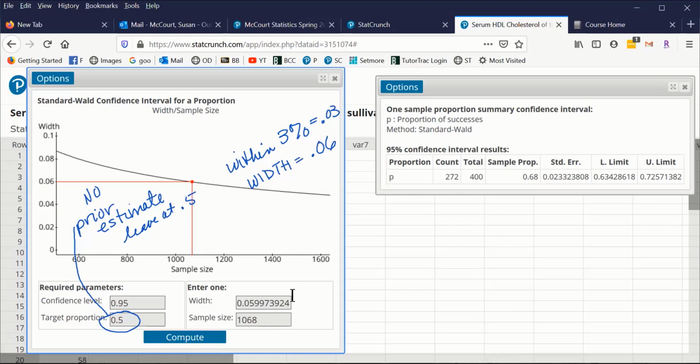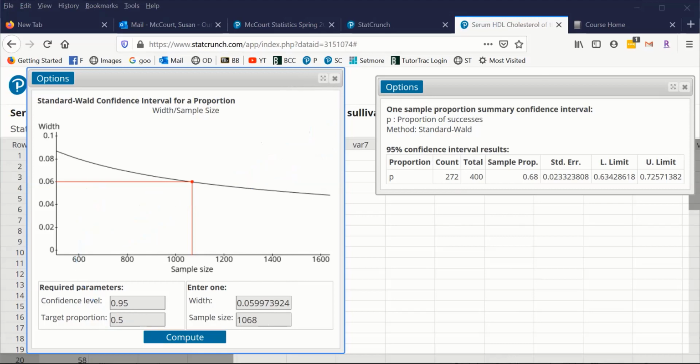How did you get the StatCrunch window for the sample size? For the sample size? Yeah, sure. I think I missed that. I'm writing too many notes, I think. Okay. I am recording and I am doing all the screenshots, so if you miss anything, you can go look.